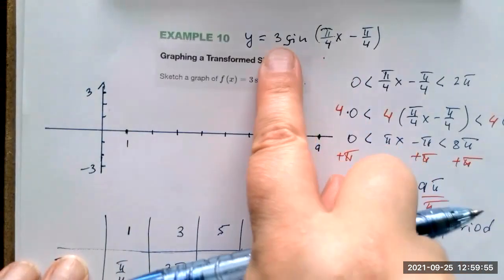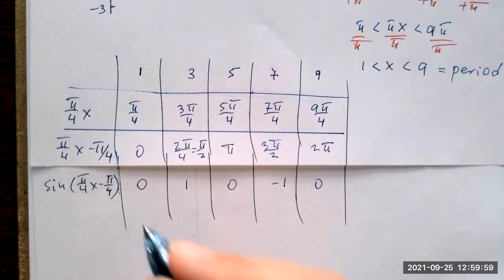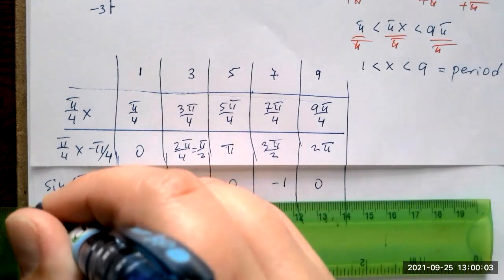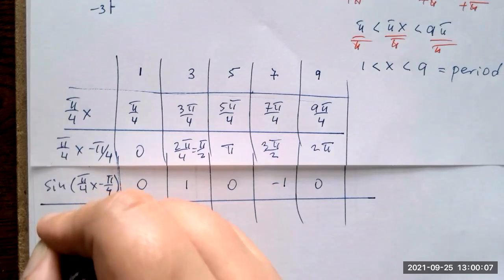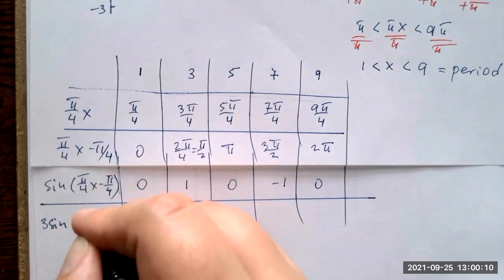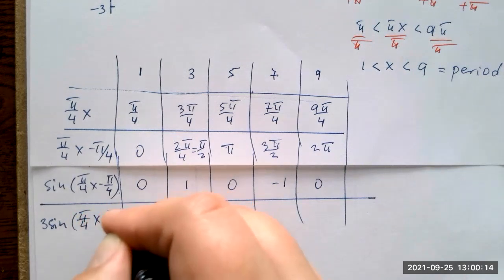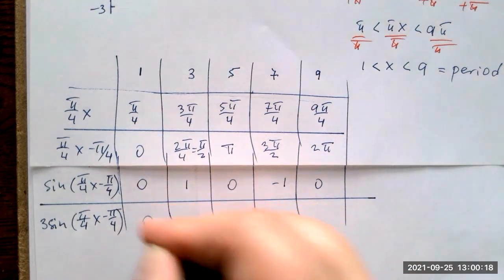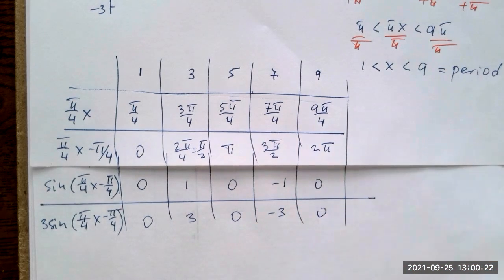And then the next step is to multiply by 3. So in this line, we're going to have 3 sine of pi over 4 x minus pi over 4. So just multiply these values by 3. So we're going to have 0, 3, 0, negative 3, 0.